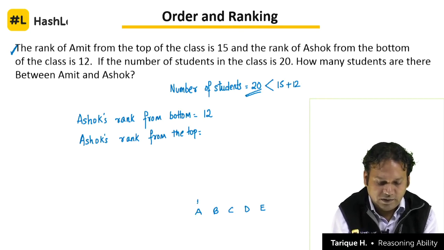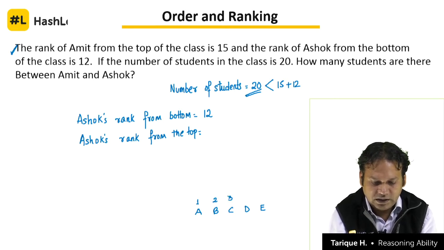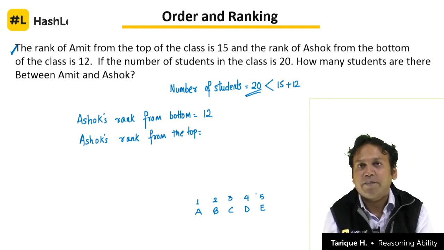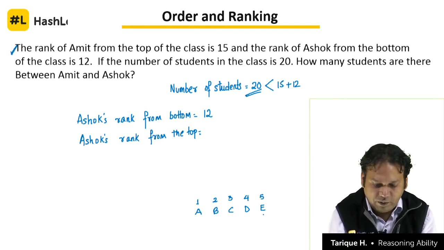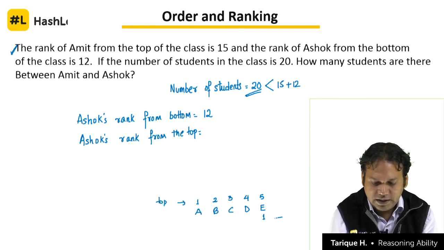So, let us say A is the first rank, B is the second rank, C is the third rank, D is the fourth and E is the fifth rank. Let us rank them from the bottom. So, this is the rank from top and this is the rank from bottom.